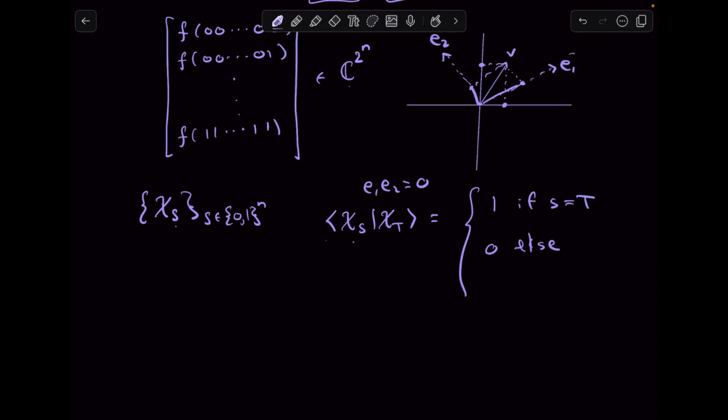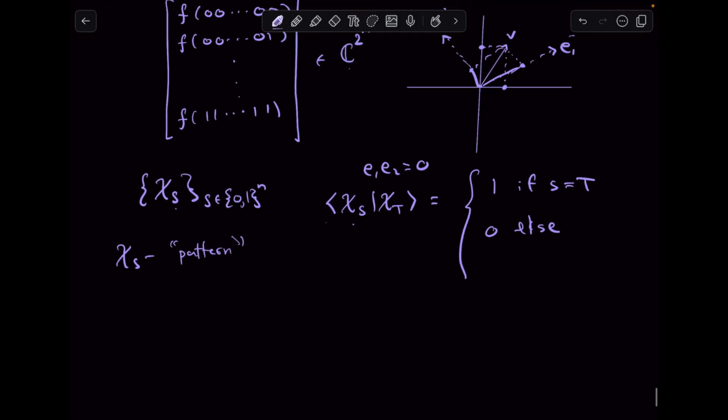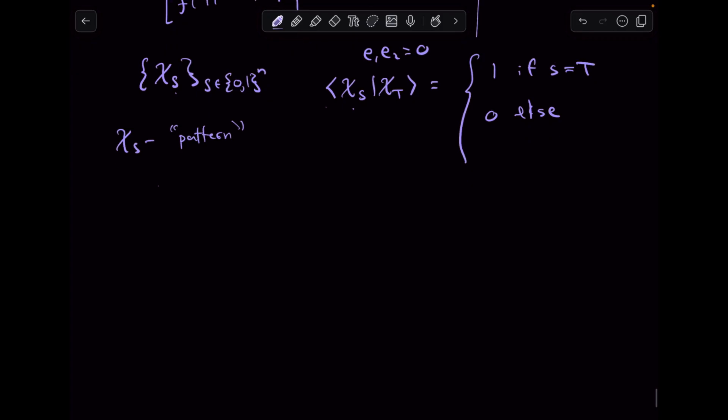And the idea is each of these chi's is going to represent a particular pattern in our data or in our vector. And we want our discrete Fourier transform to give us this function, for any particular f, in this different basis. So express it as a linear combination of these chi of s's.